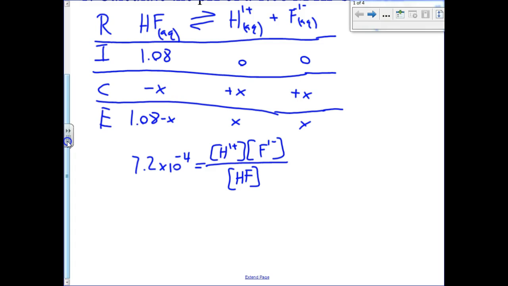But numerically, what we plug in is going to be the pieces from the equilibrium chunk. So this is going to turn into 7.2 times 10 to the negative 4th equals x squared over 1.08 minus x.